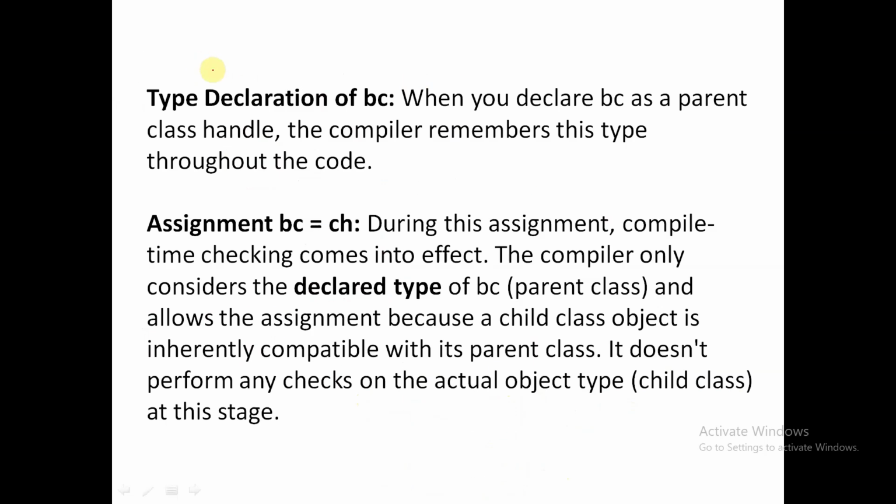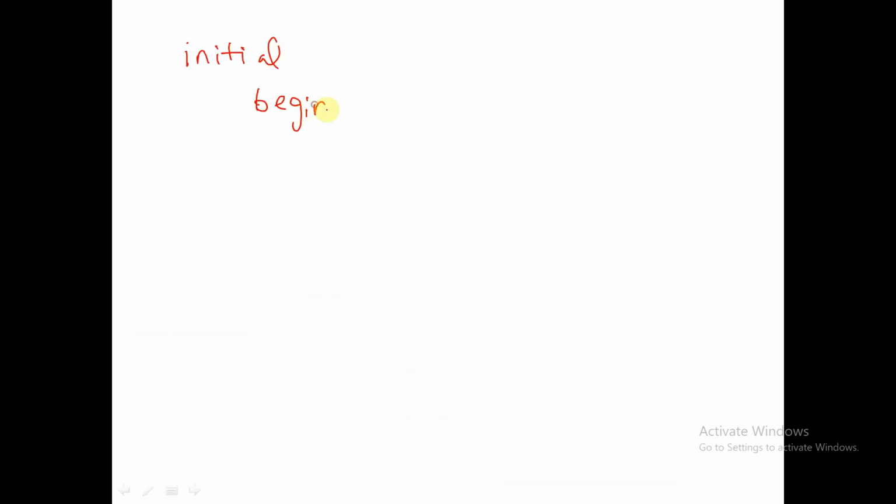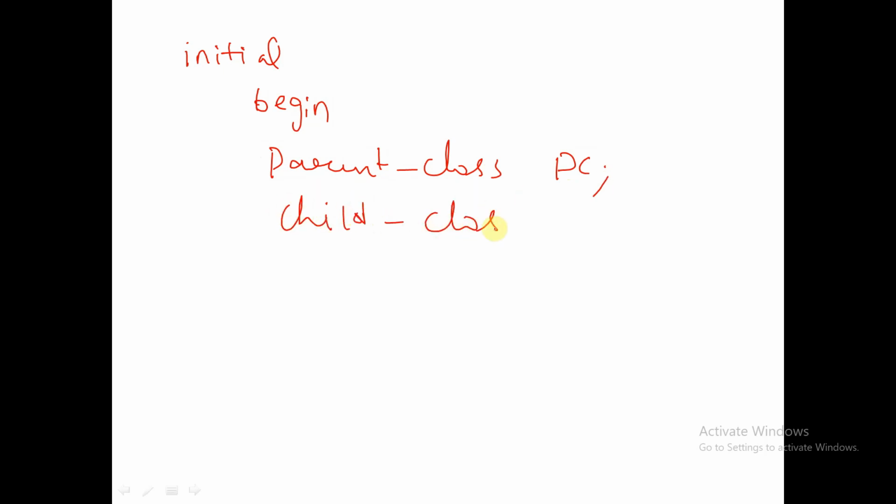So within an initial begin block, I'm creating the handle of my parent class as parent_class PC and child_class ch. So PC can point to ch.